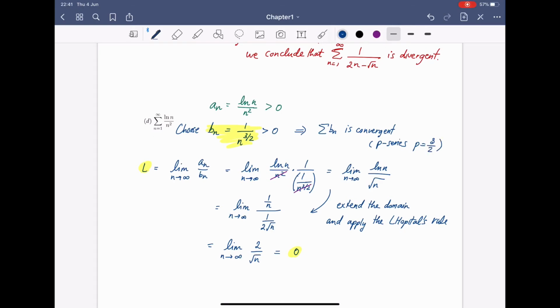And that means by the limit comparison test, we conclude that the summation of a sub n, which is log n over n squared, must be convergent as well. Alright, and that wraps up the limit comparison test.